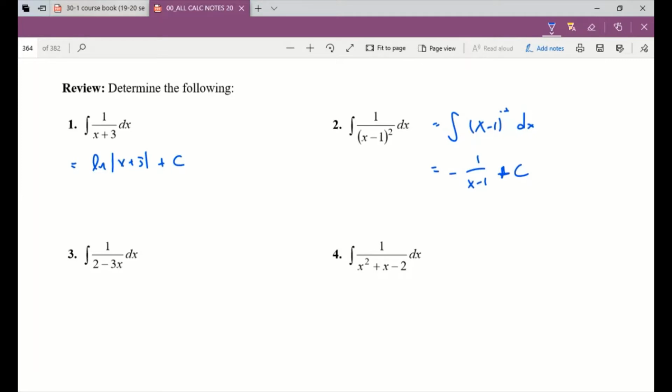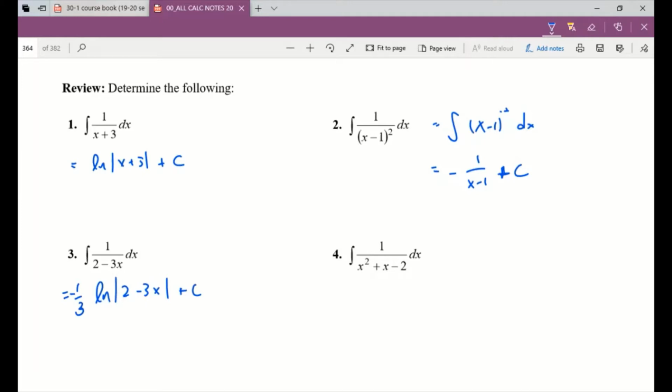Number 3 is also pretty straightforward, not too bad. This ends up being natural log of the absolute value of 2 minus 3x, but we're also going to divide by the derivative of that inner function, so negative 1/3 natural log of the absolute value of 2 minus 3x plus c.